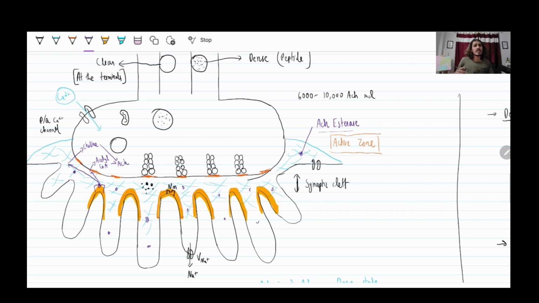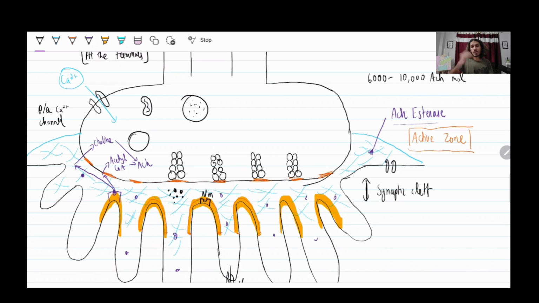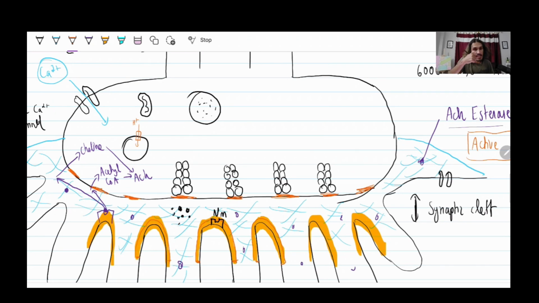Now how does acetylcholine go into the vesicle? When acetylcholine is going into the vesicle, before that there is a step where H plus is put inside actually. So acidification of the vesicle is one thing that happens. Why is there a need for that? Let me explain.